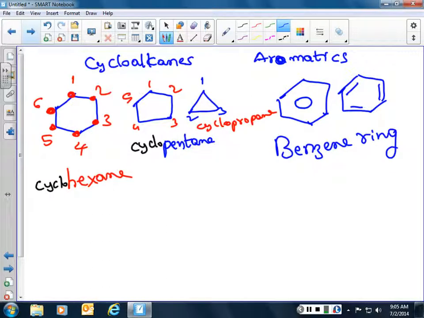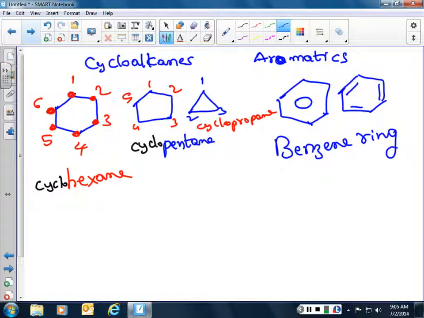If the bonds were in different places, would that change the name or would it still be the same thing? Generally, with aromatics you'll get double bonds here, here, or here. It's every other. Okay. But it is still called a benzene ring. And it belongs to which family? Aromatics.